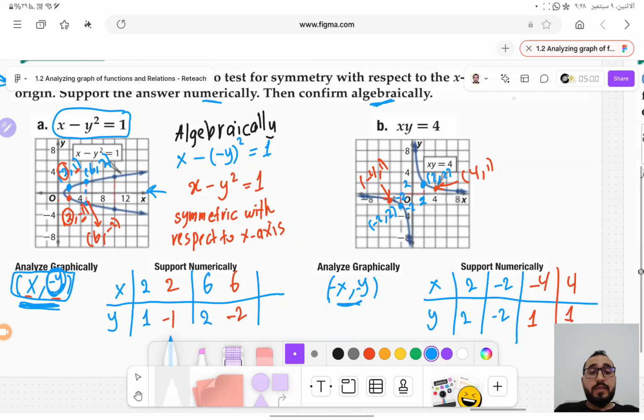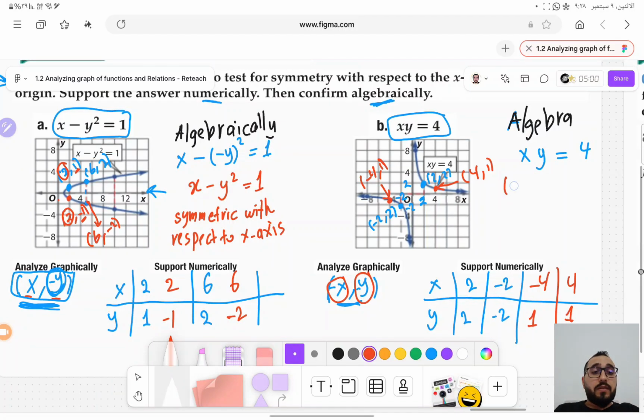Now how can I do this one algebraically? As I told you, to apply this algebraically, you have to take the equation. Now the equation is this one, x times y equals 4. Both of them are negative, so I have to replace x and y with negatives.